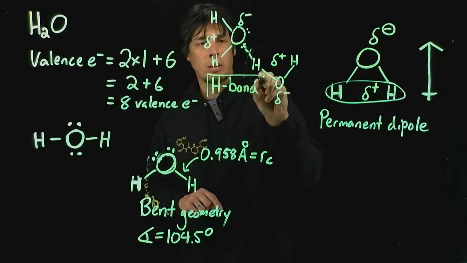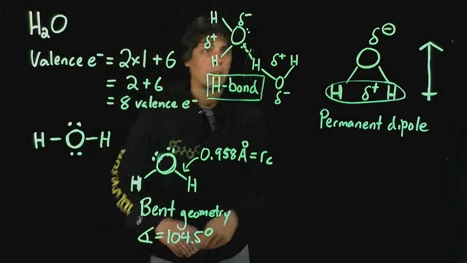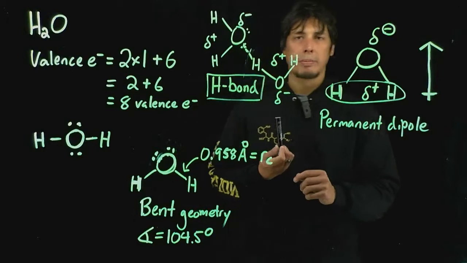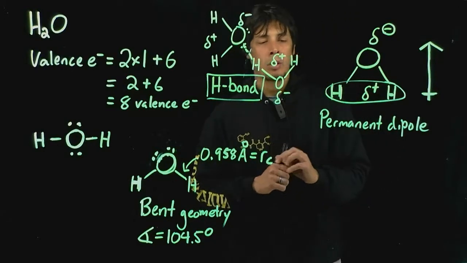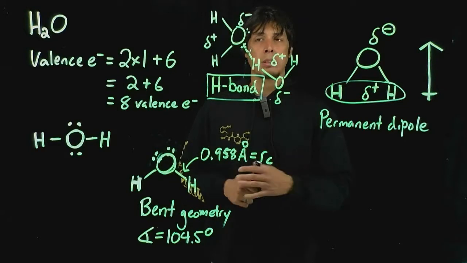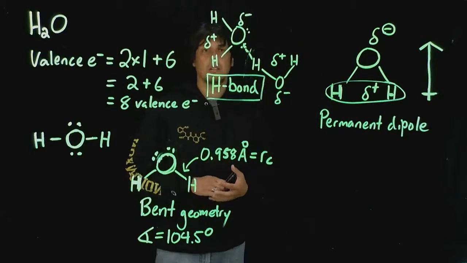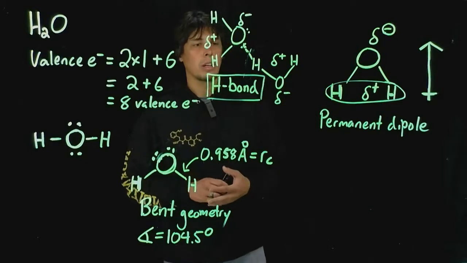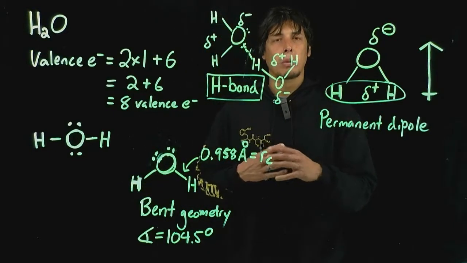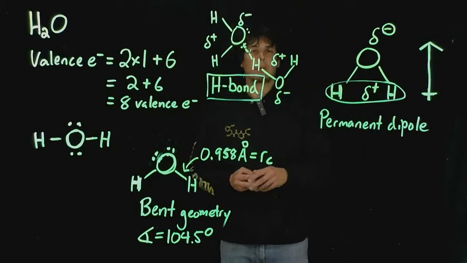And as you might have seen before, this ability to hydrogen bond is important for the very high boiling point of water, the very high surface tension of water, and a number of very important features of water, which are important for biological life.